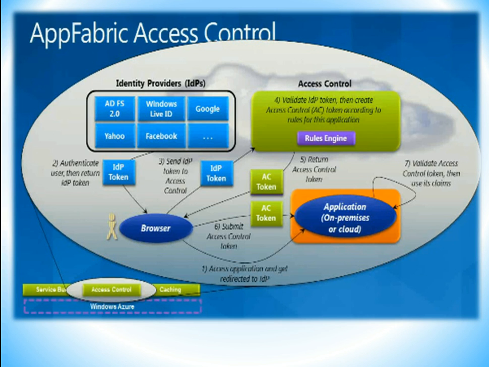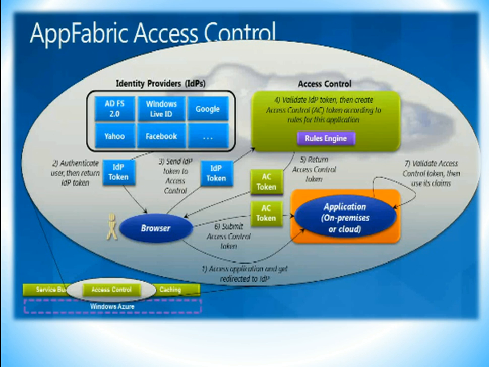This IDP token is then sent over to the access control. The access control validates the IDP token, and then creates the access control token. So all these different identity provider tokens get translated into a single access control token. It also checks your access management rights, whether you're allowed to use this.